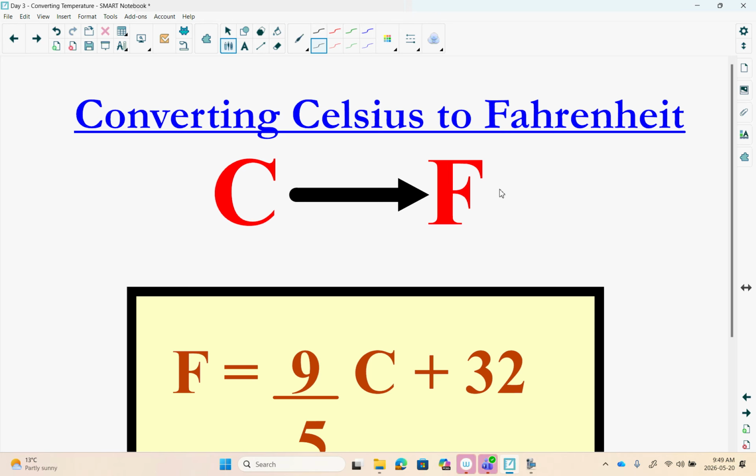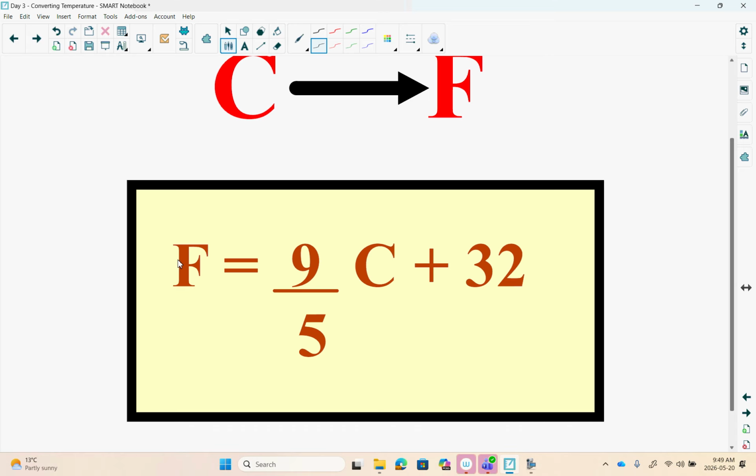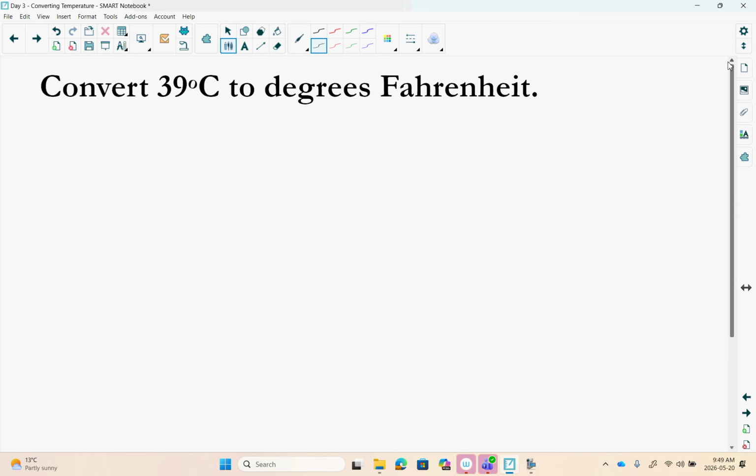Celsius to Fahrenheit. The temperature in Fahrenheit is equal to 9/5 times the temperature in Celsius plus 32. And no brackets in this one, so you'd actually multiply, then divide first before you add the 32. Order of operations.